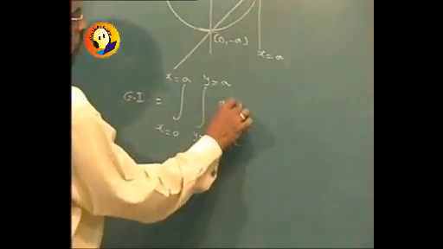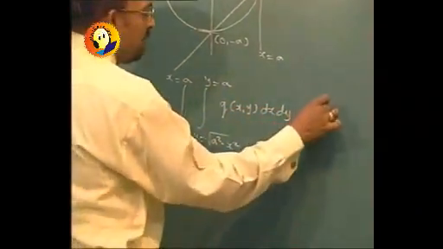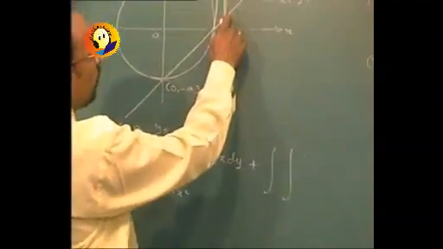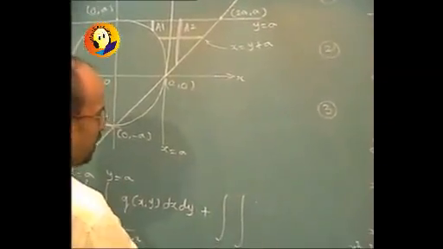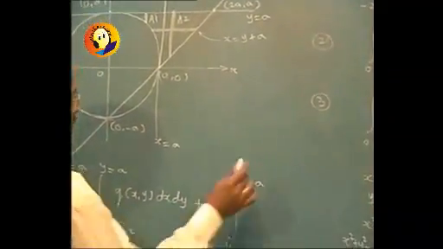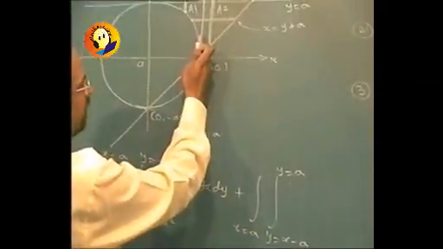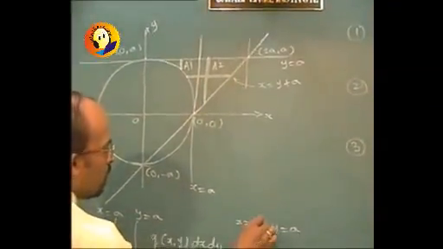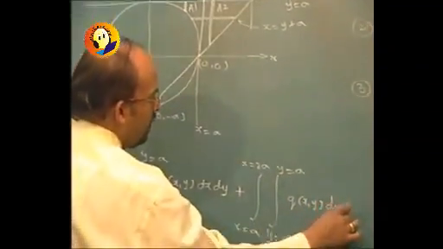The function is q of x comma y, dx dy, plus a double integral where the y coordinate, from the equation of the line, goes from y equal to x minus a to y equal to a, and such strips are taken from x equal to a up to x equal to 2a. It is q of x comma y, dx dy.